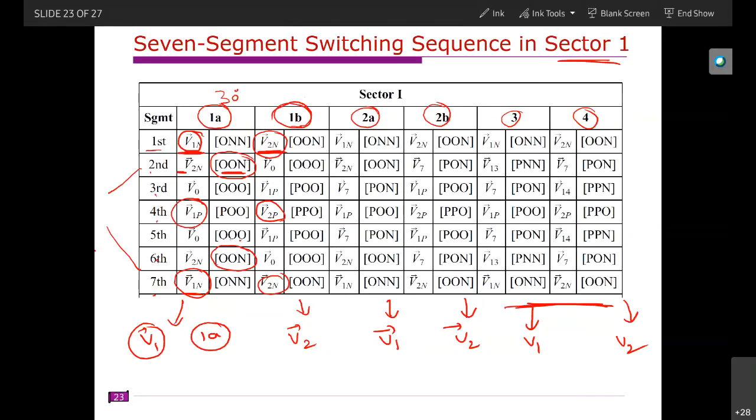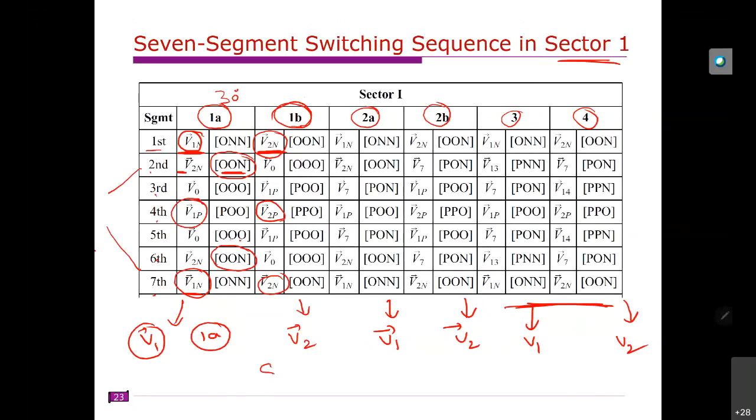There are methods to balance these DC sources, which we will discuss in later classes. With SVM, we can reduce the neutral point unbalance, or slightly balance these two DC sources, the upper capacitor voltage and the bottom capacitor voltage.